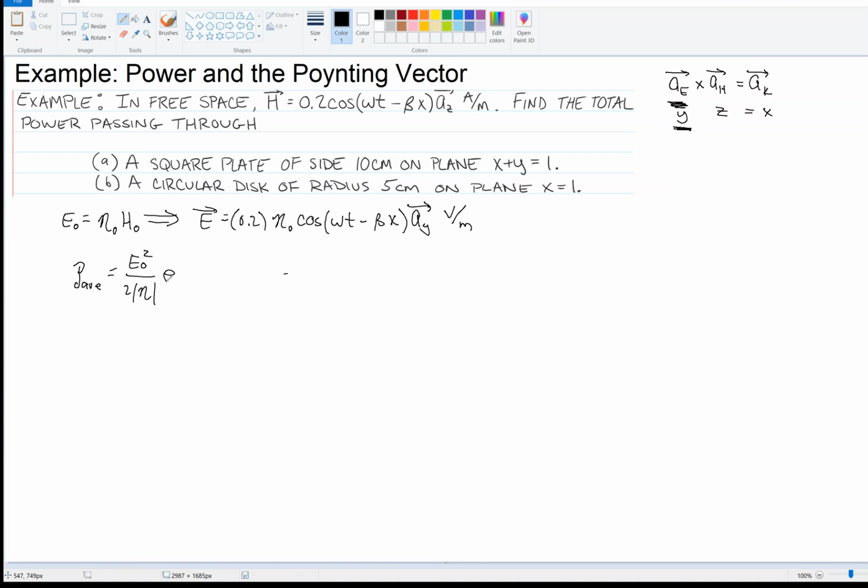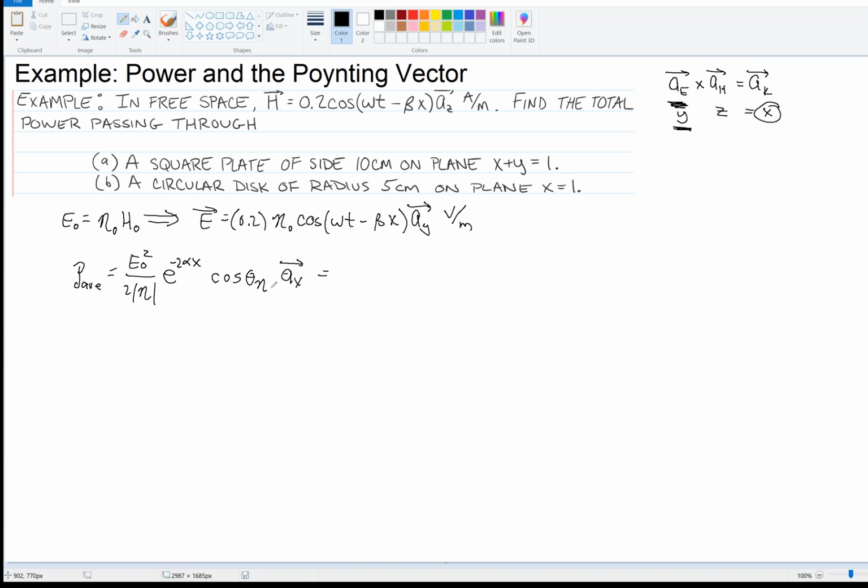We found this equation in a previous video, times e to the minus 2 alpha x, because it's propagating in the x direction, cosine of the angle of the intrinsic impedance eta, and then the power is in the direction of the propagation, so this would be a x in this case.